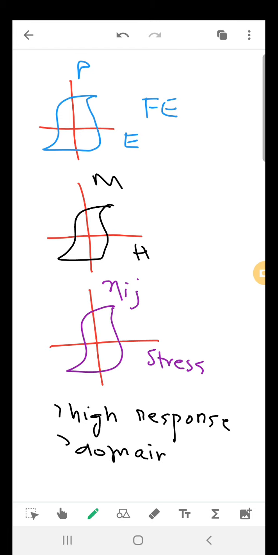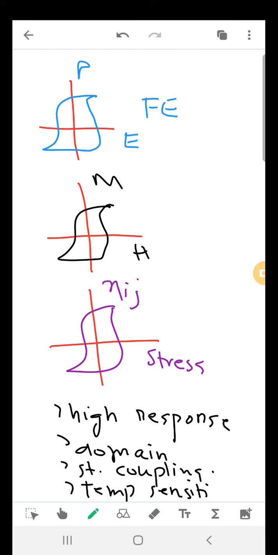Second feature is it has got a high response. And there is a strong coupling, and it is temperature sensitive. So these are the four important features of a ferroic material.